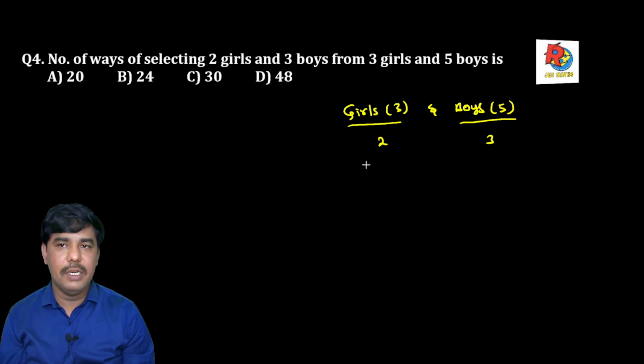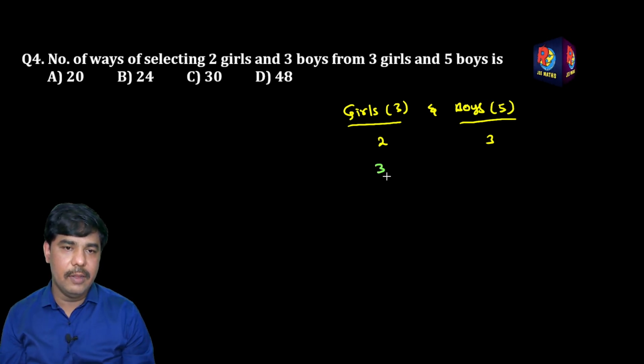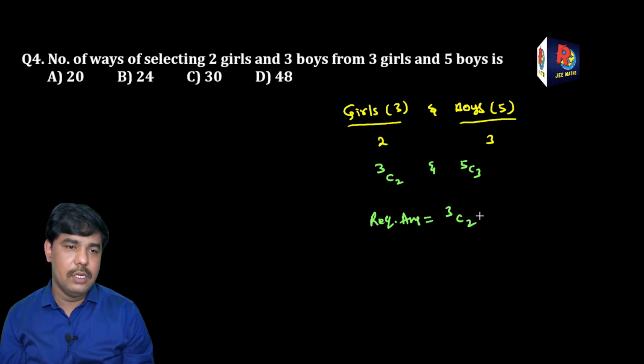What is the arrangement here? Out of 3, I need to select the 2. So the selection is 3C2. And here the boys selection is 5C3. So the required selection equals 3C2 into 5C3.